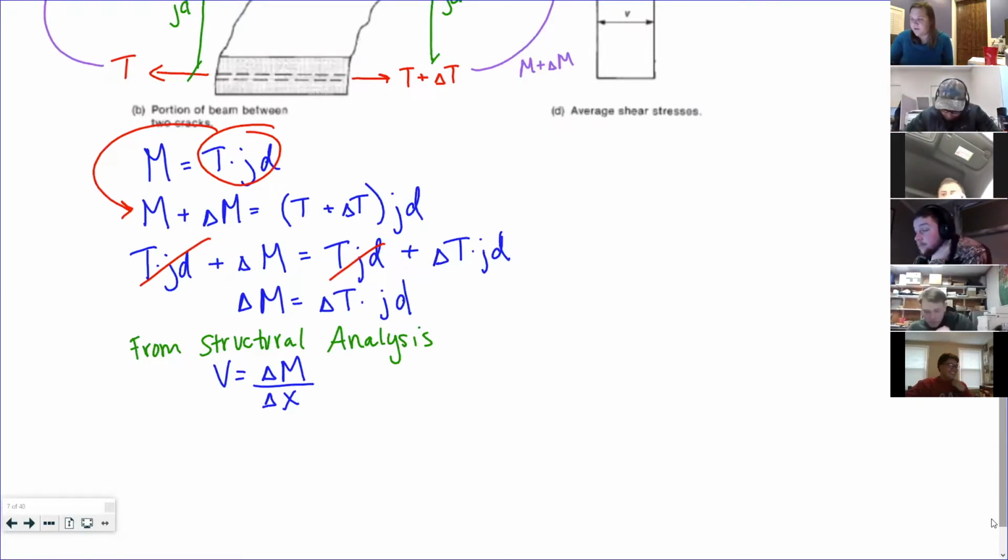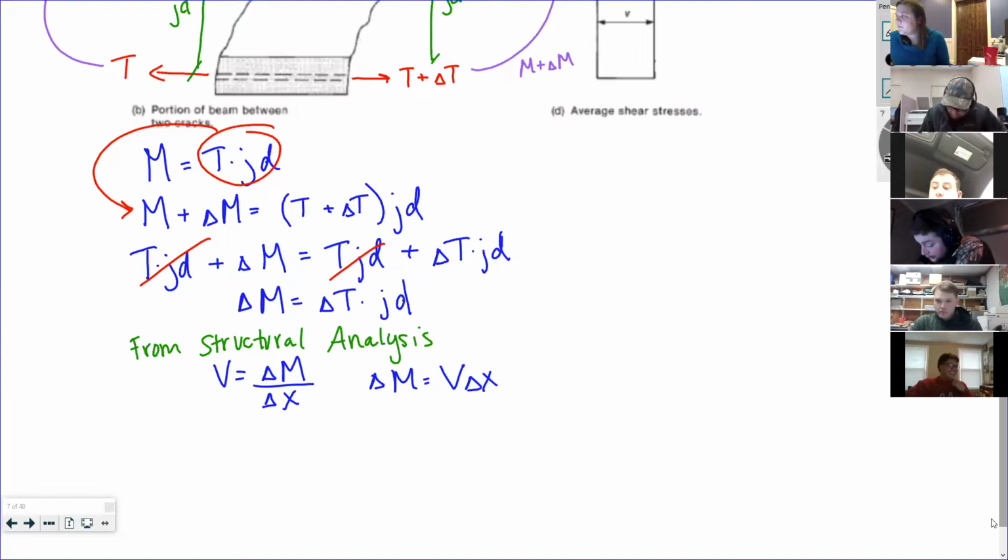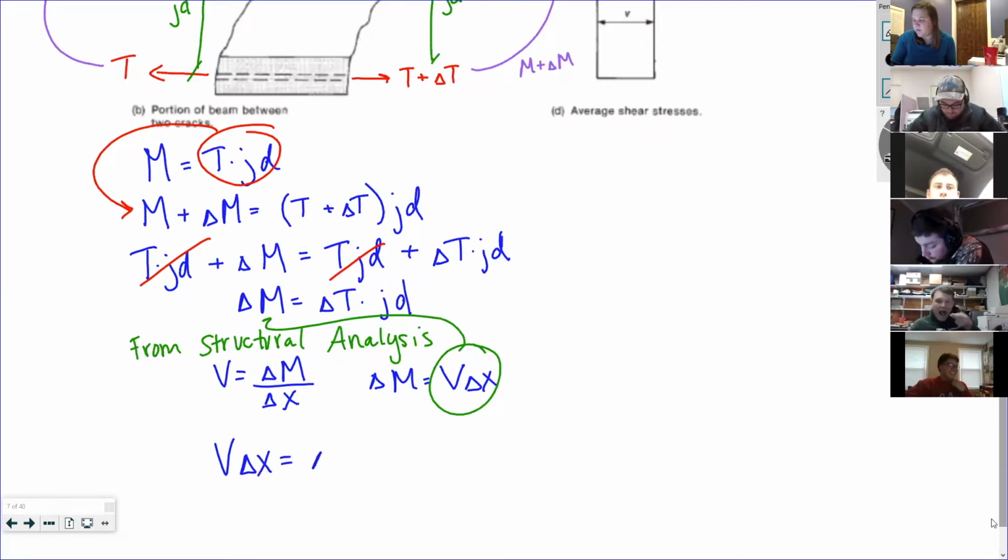So if I solve for delta M, my shear force times my delta x, and put that in there, I get my shear times the width of my element is equal to my change in my tensile force times the moment arm.